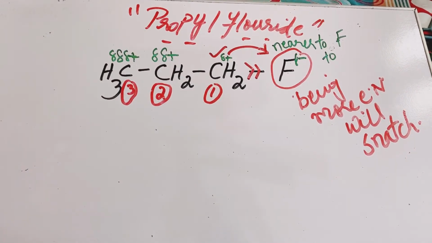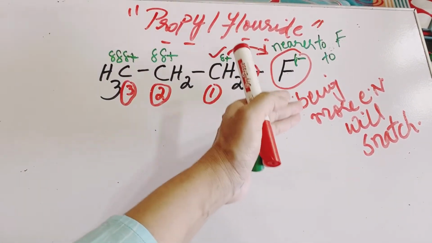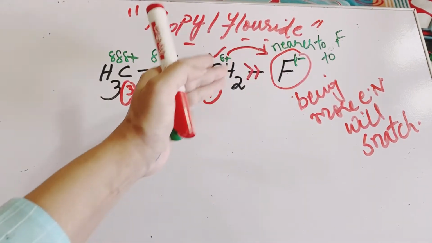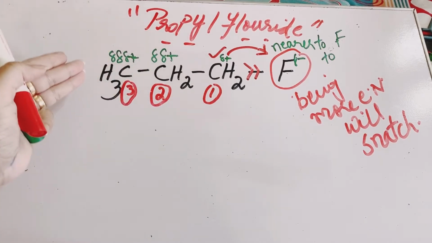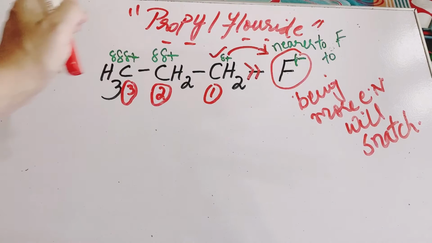Now it is simply that carbon number 1, being nearer to F than carbon number 2 and 3, will have the greater partial charge, and carbon number 2 will have a smaller partial positive charge, and of course carbon 3 will have even less, but the overall effect will be on the molecule.